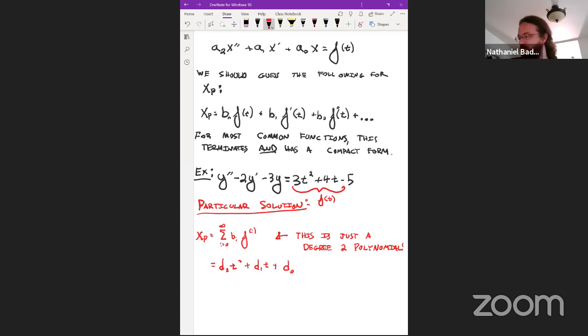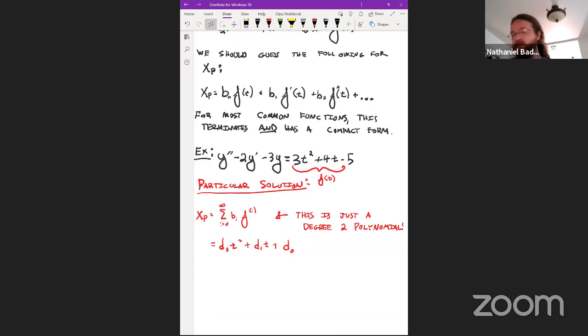Of course, we could write this out in terms of the derivatives here. But basically, given that the b_i are arbitrary, you can show without very much work that you can write down any possible degree 2 polynomial. And so we may as well write down a simple one. Okay, so this is going to be our guess for a particular solution.